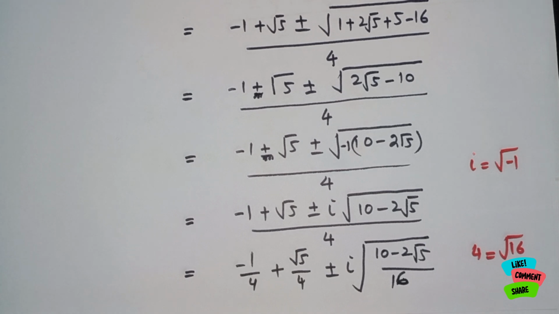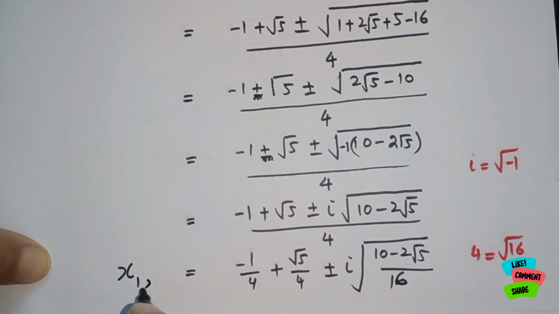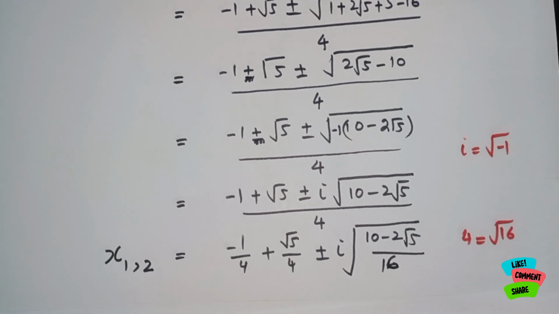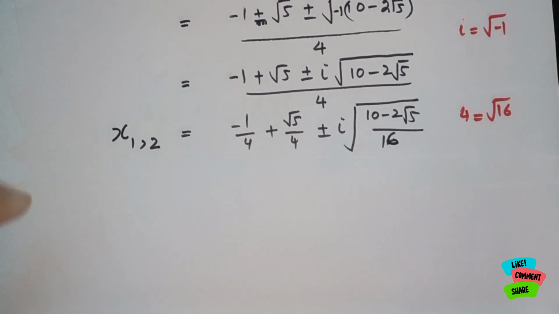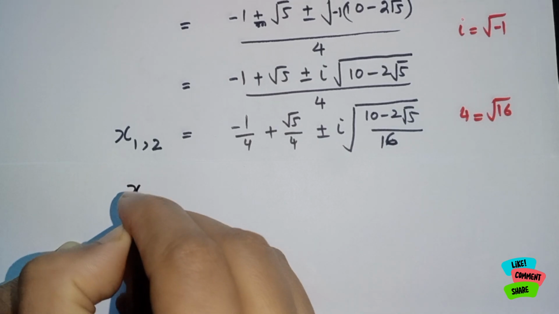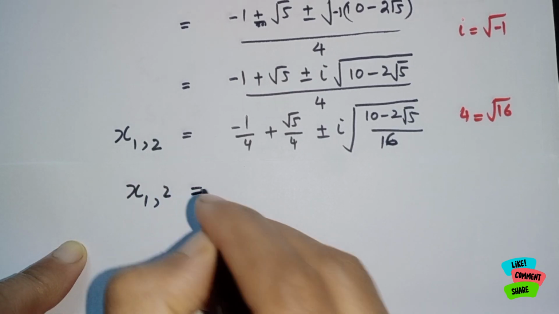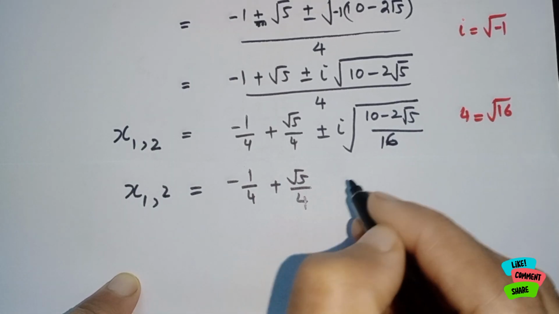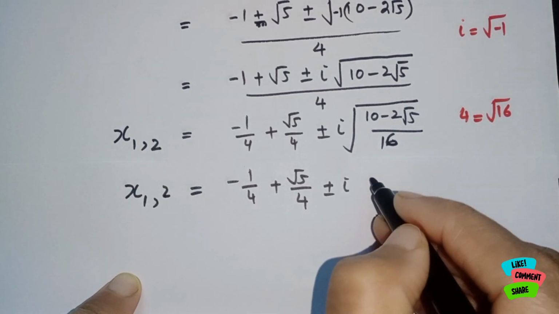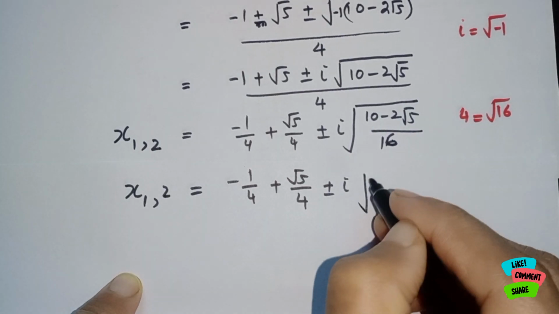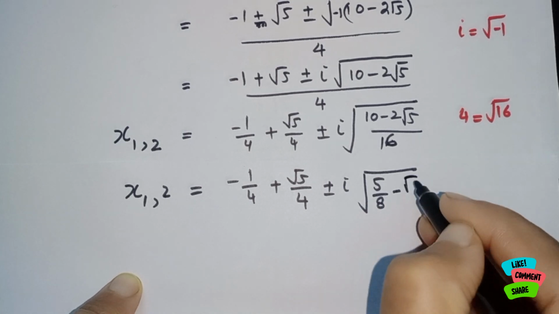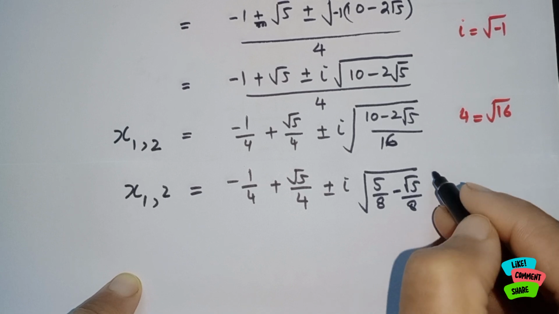So from here we have our x1 and x2, the two roots. So if we simplify it further, we will get x1, x2 is equal to minus 1 over 4 plus square root 5 over 4 plus or minus i, and here we will divide each expression with 16, and we will get 5 over 8 minus square root 5 over 8.